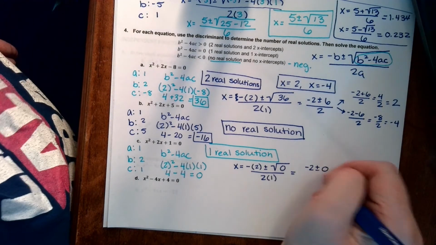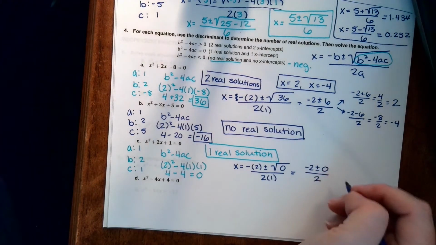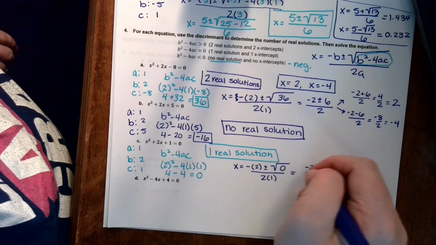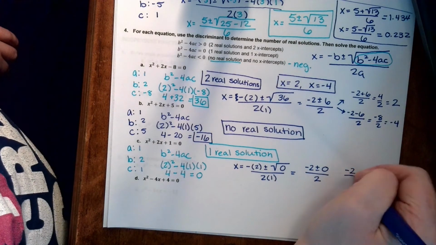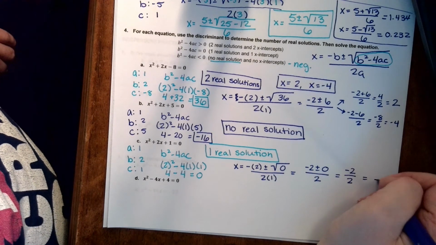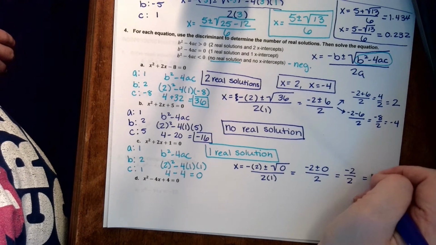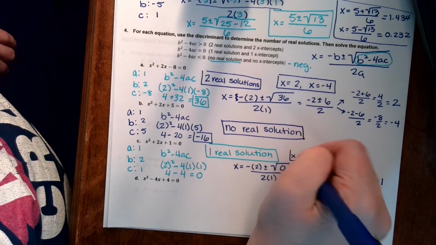So square root of 0 is 0 over 2. Okay, well negative 2 plus 0 is negative 2. Negative 2 minus 0 is negative 2. So we end up with just negative 2 over 2, which reduces to negative 1. So my final answer is x equals negative 1.